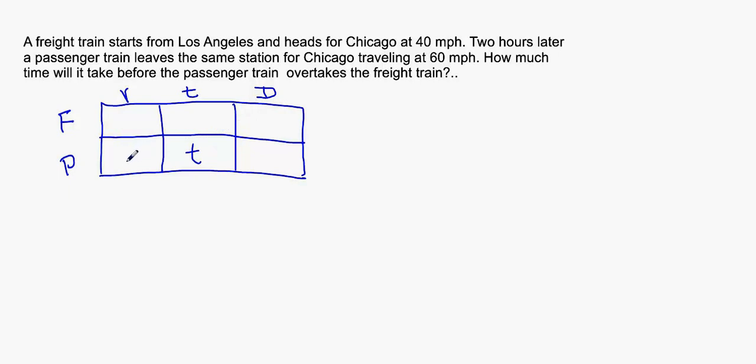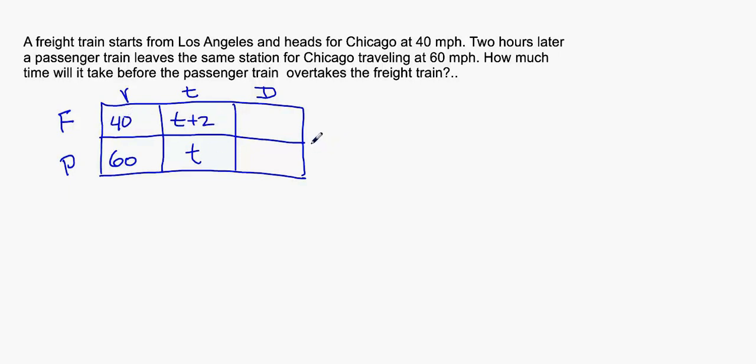And it's traveling at 60 miles per hour. The freight train left 2 hours earlier, because if you can see, it leaves first, and then 2 hours later the passenger train leaves. So this is going to be already ahead by 2. So we're going to put here T plus 2, but traveling slower.